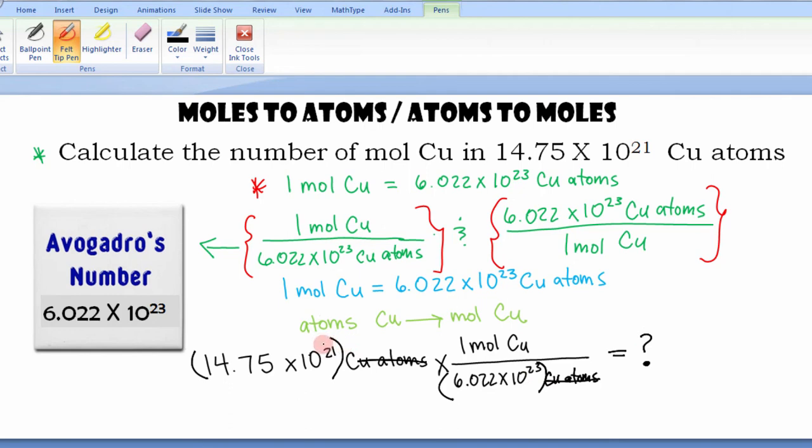This is 10 to the power of 21. This comes in the numerator, so it will become minus 23. So we would have a small number. We should have a small number. So I will let you do that.